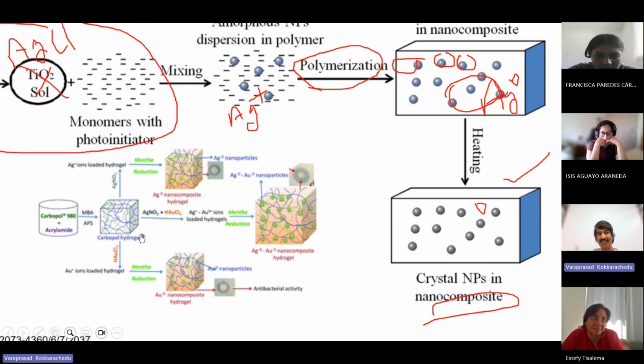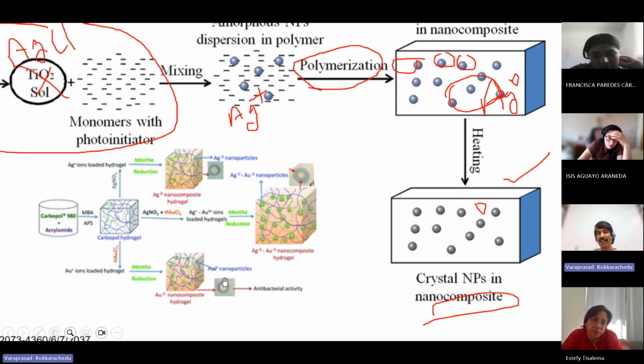Here they add mentha extract, like plant liquid, for synthesis of Ag0 nanoparticle. Here is synthesis of gold nanoparticle, and here they mix together silver nitrate and gold one. They mix together. They added mentha as reducing agent. The nanoparticles form inside in a different format.